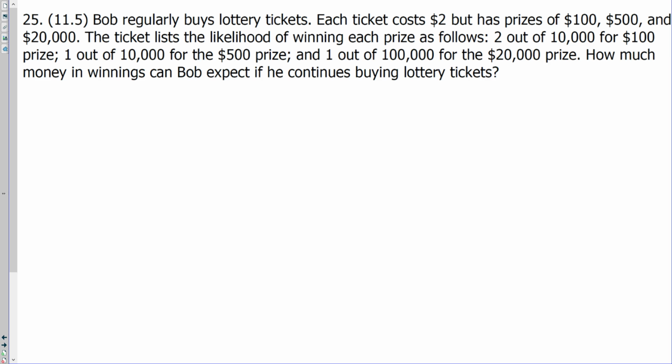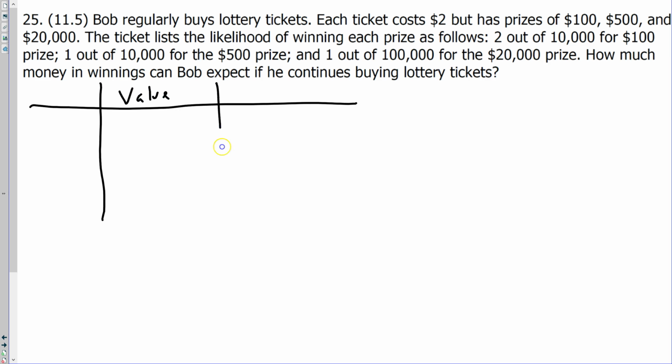So for the expected value, one way to organize it very nicely is to make a table. We make a table of all the different possible situations, what value we can expect from each situation, and the probability that that situation occurs. So Bob could win the $100 prize.